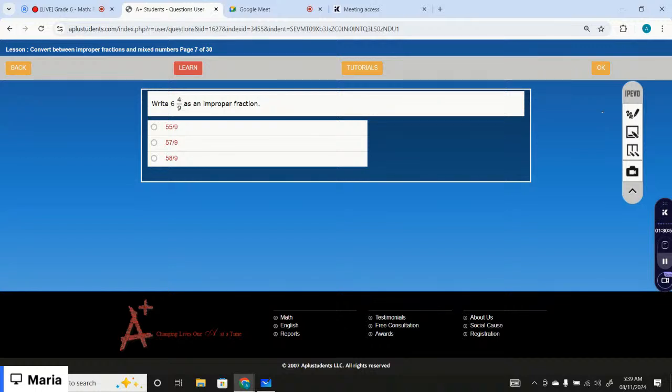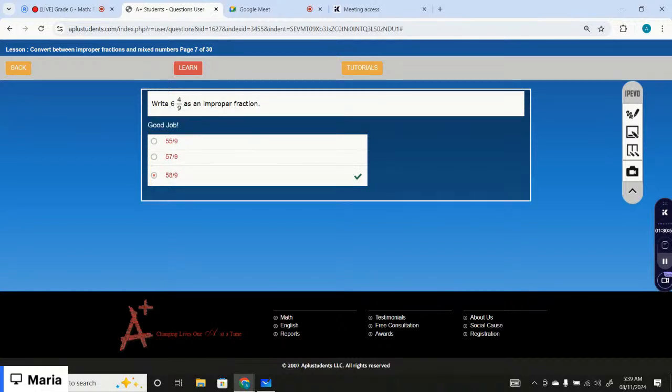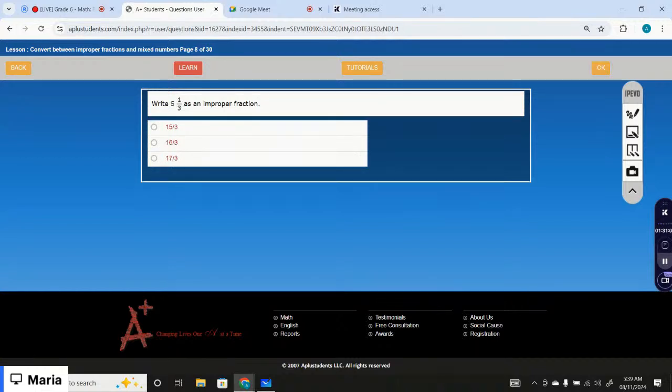That is 58 over 9. Option number 3 is the correct option. Write 5 whole 1 by 3 as an improper fraction. So which is the correct option?